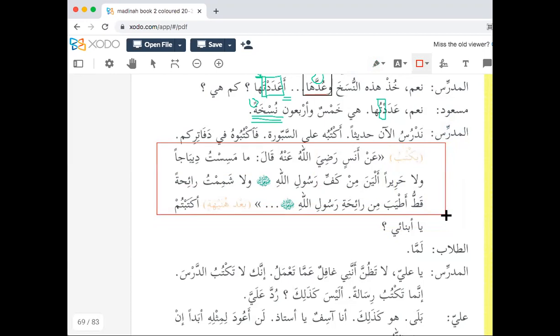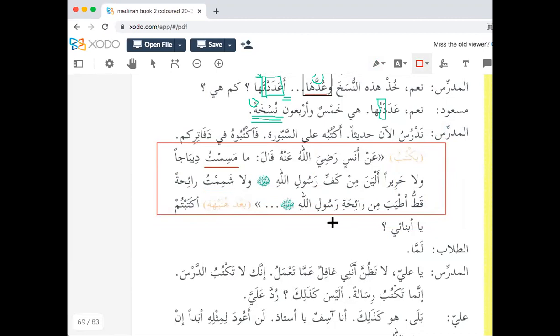Anyone? Go ahead. Well done. One of them is masistu. Also? Shamamtu. Barakallahu feek. These are two examples. Good. In actual fact, that's fine. We can restrict it to those two things.